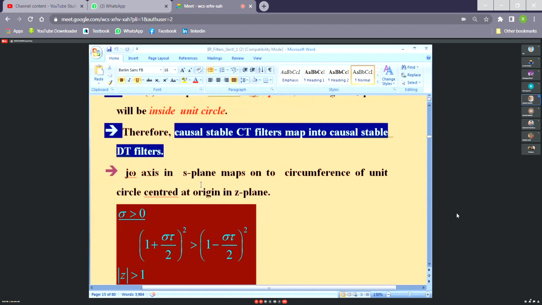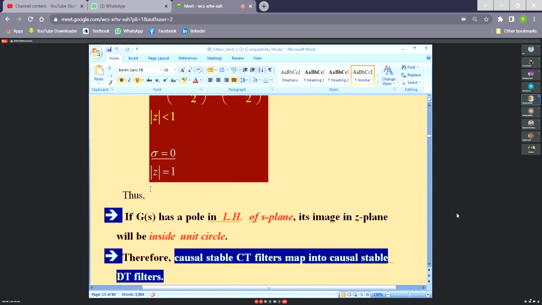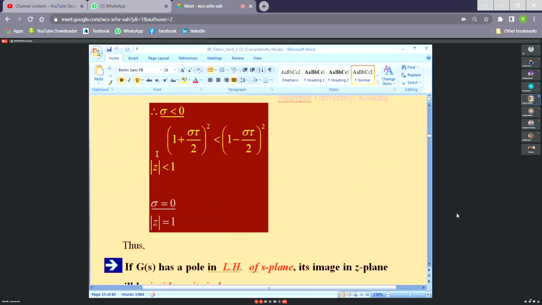It means that the j omega axis in the S plane maps onto the circumference of the unit circle centered at origin in the Z plane. Now, sigma less than 0 means magnitude of Z less than 1.